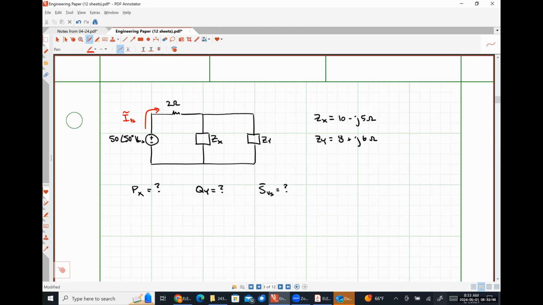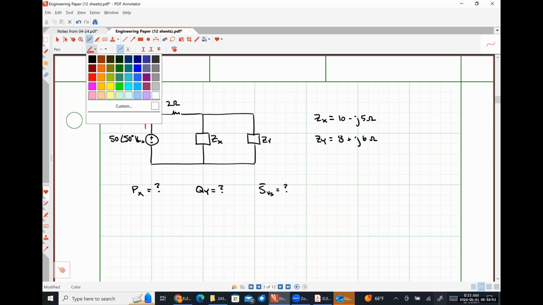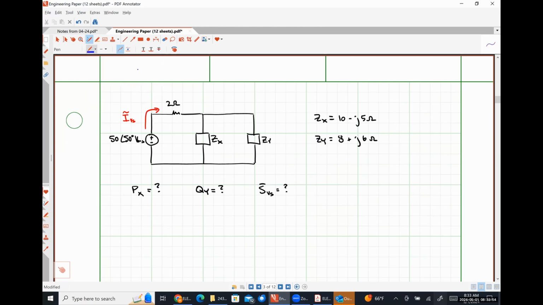In order to determine the complex power absorbed by impedance ZX, we would need to know some combination of the voltage drop across impedance ZX or the current flowing through the impedance ZX.